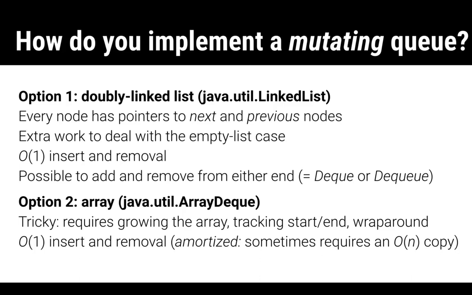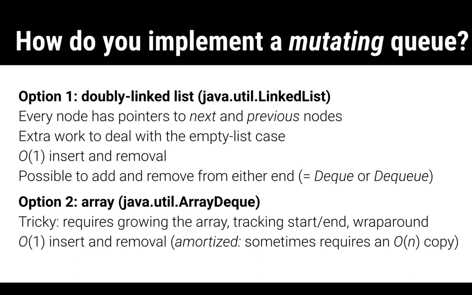You can even implement a deck with an array, and we have one that's provided to us in the Java util collections classes called, cleverly enough, ArrayDeque. The trick with implementing an array deck is you have to keep track of where the start is and where the end is, and if you grow it too much on one side, it might wrap around to the other side.